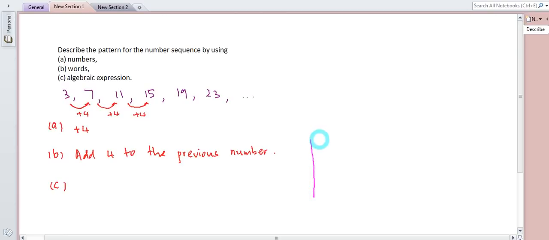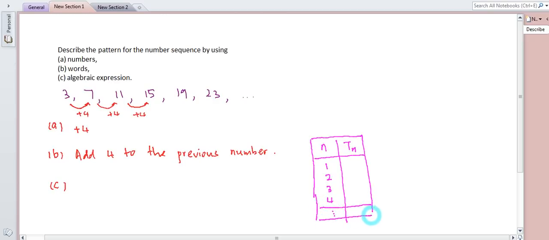Draw a table like this. Here's n, here's Tn. So first term, second term, third term, fourth term, and so on. And then we go to n terms.